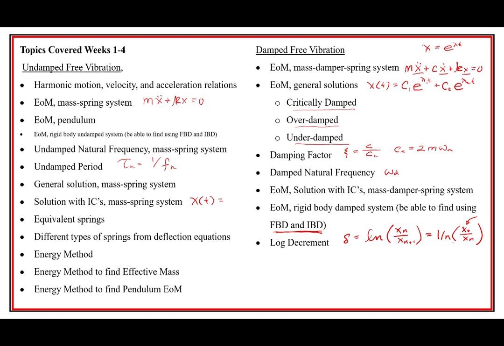But anyway, the damping factor from log decrement, I'm not going to write down the equation because I don't have it in front of me, but make sure that you can get that.